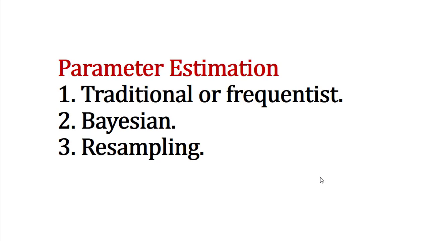The correlation between variables, again, we are estimating what's the correlation in the population, and the regression coefficients, so the strengths of the relationship of the independent variables with the dependent variable.